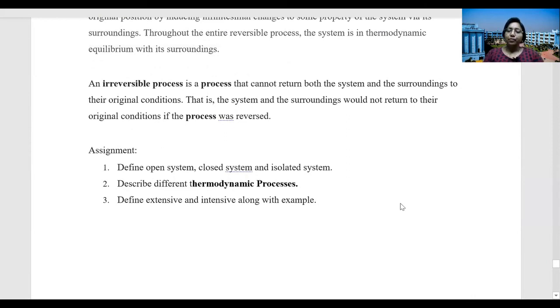Okay, so if I summarize what you have learned today, number one, you have learned what is thermodynamics and why it is so important in different engineering fields, and also what is the system, what is surrounding, what is the boundary. You have learned open system, closed system, and the isolated system, the three types of system.